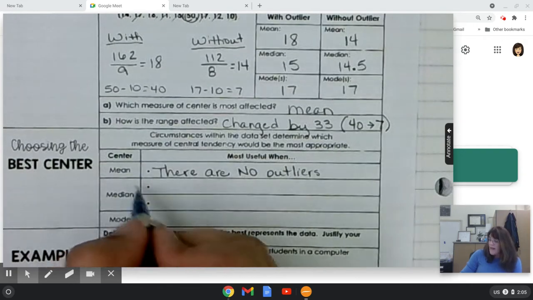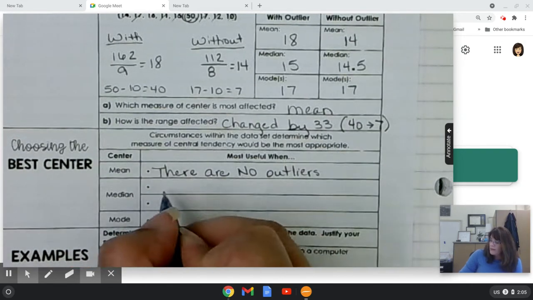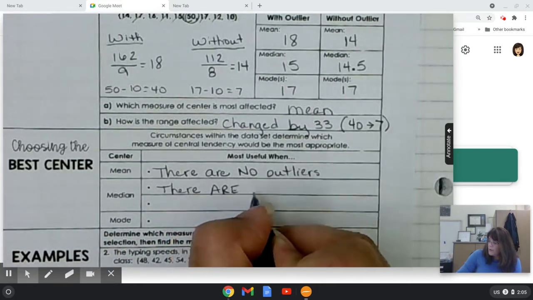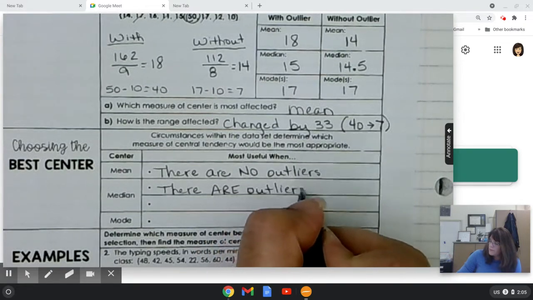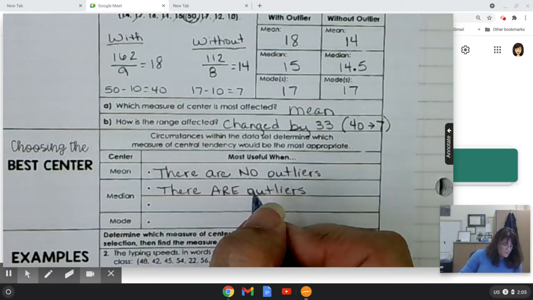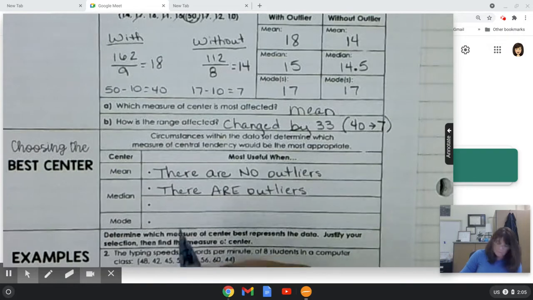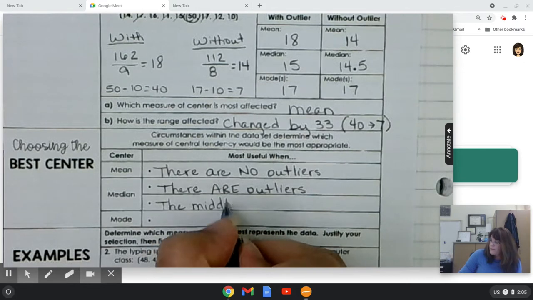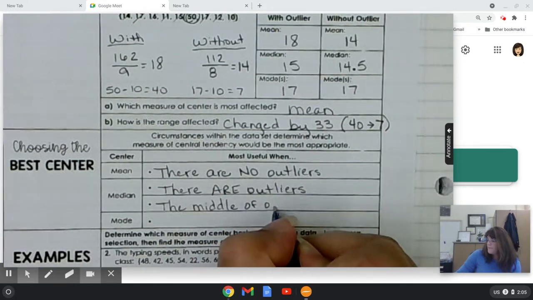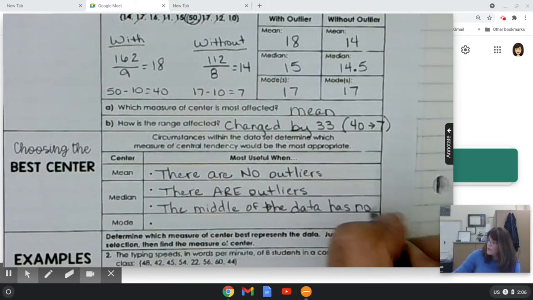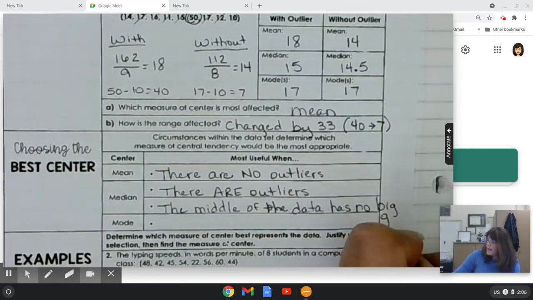The median is the best choice when there are outliers or the middle of the data has no big gaps.